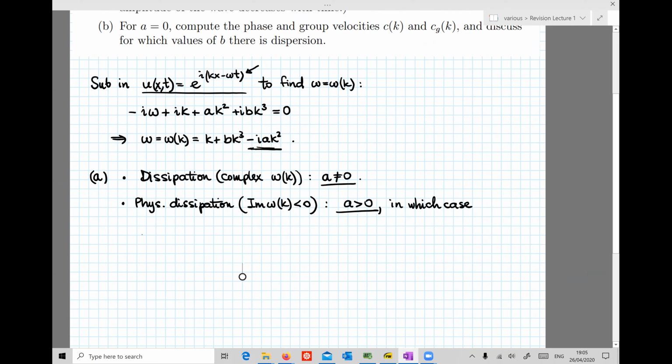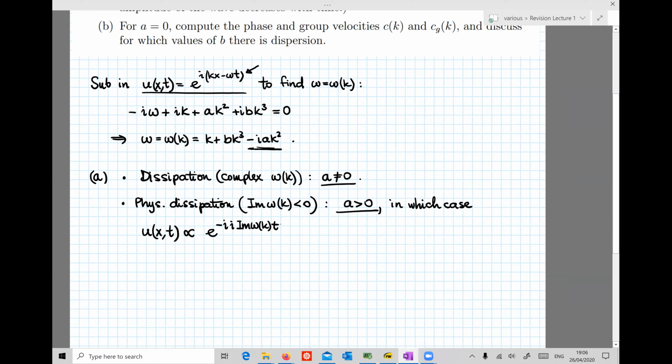The plane wave u of x and t is proportional to, and we'll only write the part that depends on time, e to the minus i omega times t, and therefore e to the minus i times the imaginary part of omega of k times t.